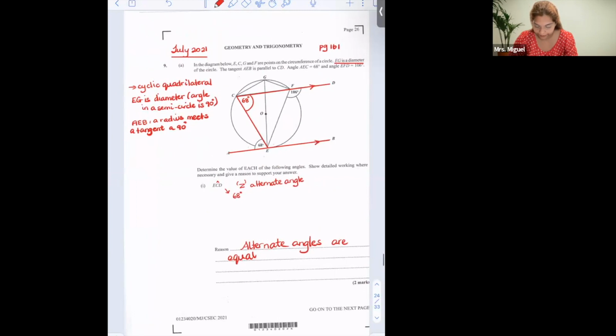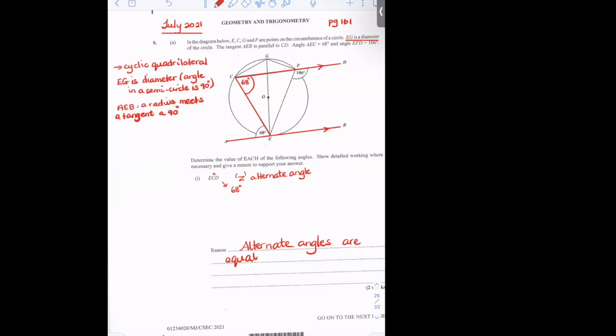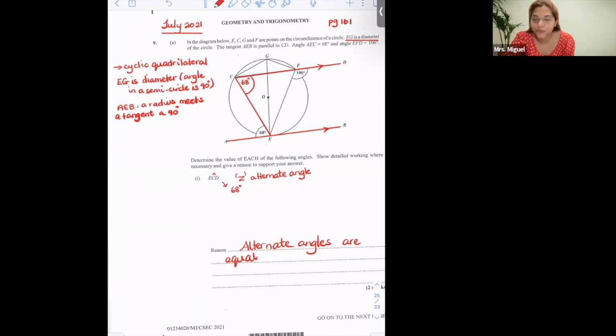So go ahead. Finish, miss. So here I scored 2 marks.